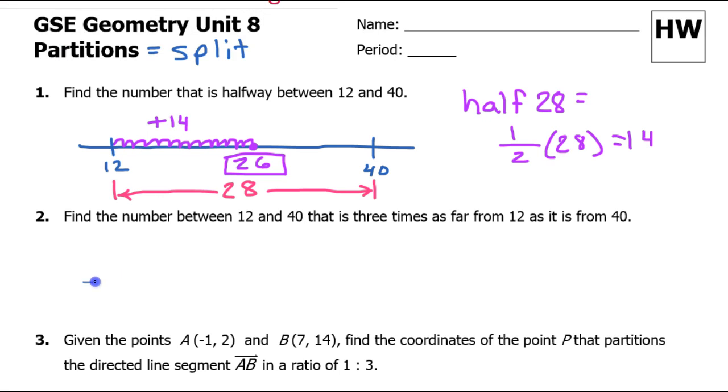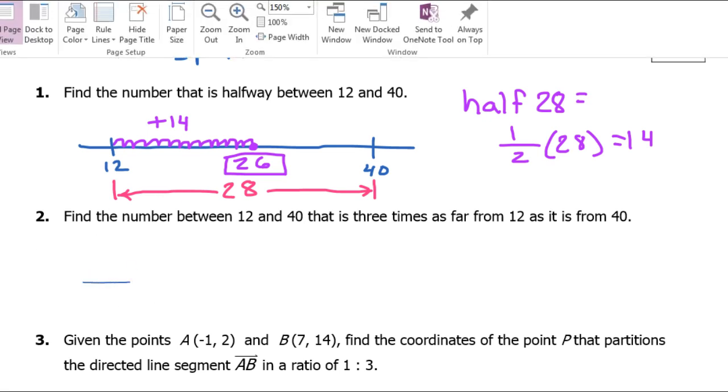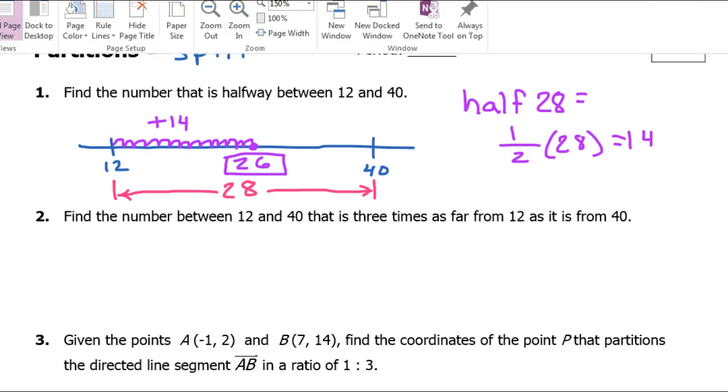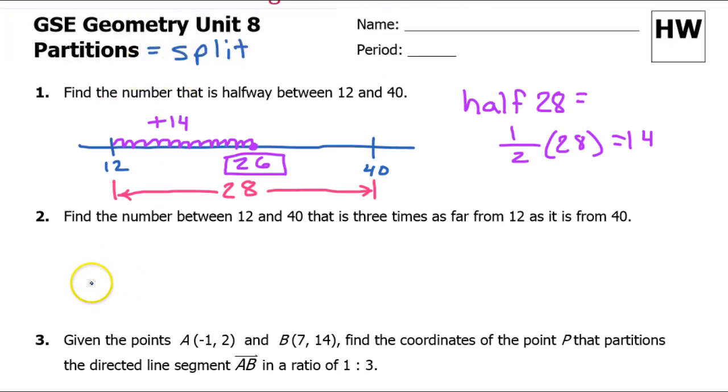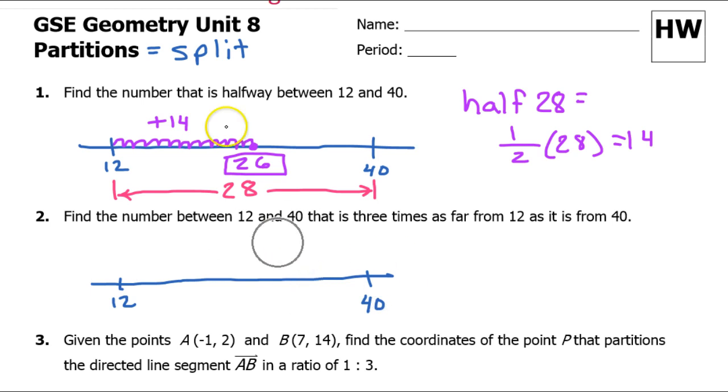Here's our number line again. Here's 12 and here is 40. Keep in mind once again, we already know that the total distance between these is 28, so we're probably going to need that again.